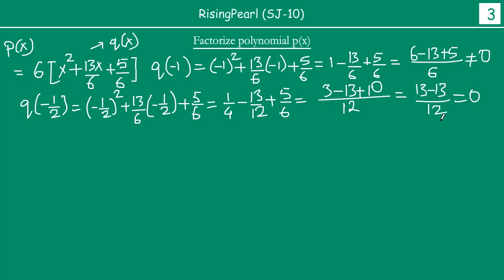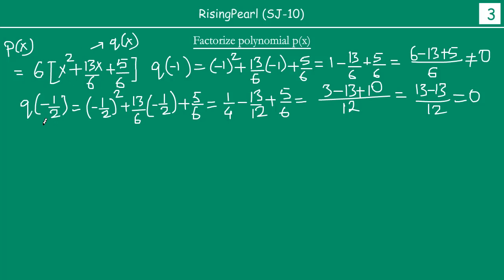So this is indeed equal to 0. So dosto, we have found out our first factor where it will be -1 by 2, because q at -1 by 2 becomes 0. So इसका मतलब है दोस्तों -1 by 2 is a factor of this polynomial qx.